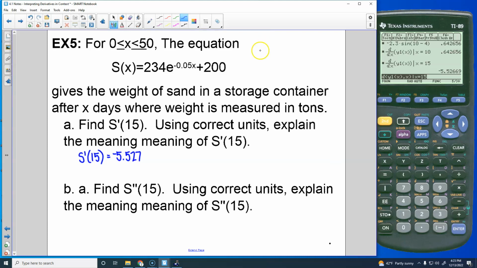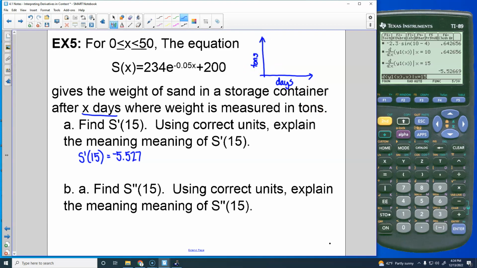And if we think about our graph of S, on our x-axis, our x is our days. Tells us right here, x is days. And then the weight of the storage container in tons here.